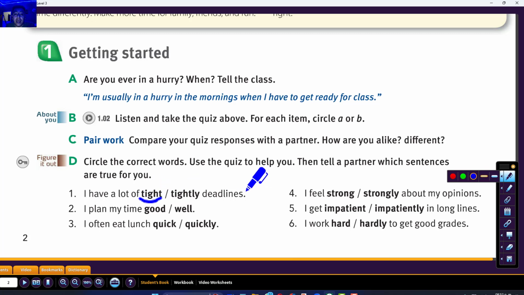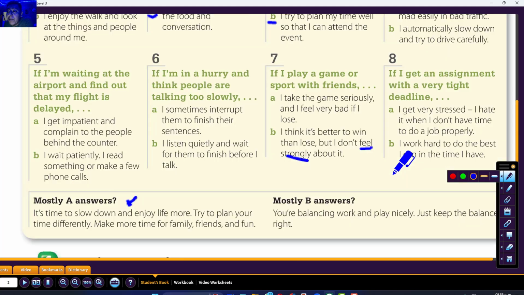Tight. I plan my time good or I plan my time well. That's correct. Well. I often eat lunch quick or I often eat lunch quickly. That's right. Quickly.